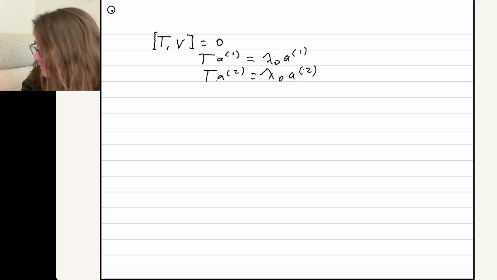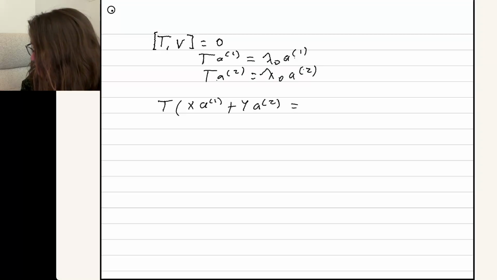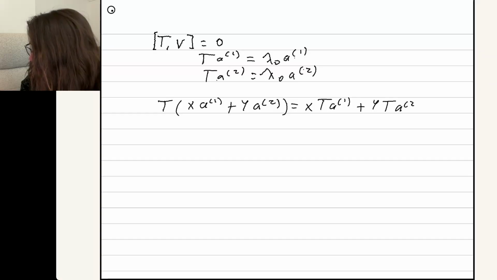This gives us the fact that any linear combination of A1 and A2 is also an eigenvector of T, right? Because if you have T acting on x times A1 plus y times A2, you're going to get x times TA1 plus y times TA2, which is just x times lambda naught A1 plus y times lambda naught A2.